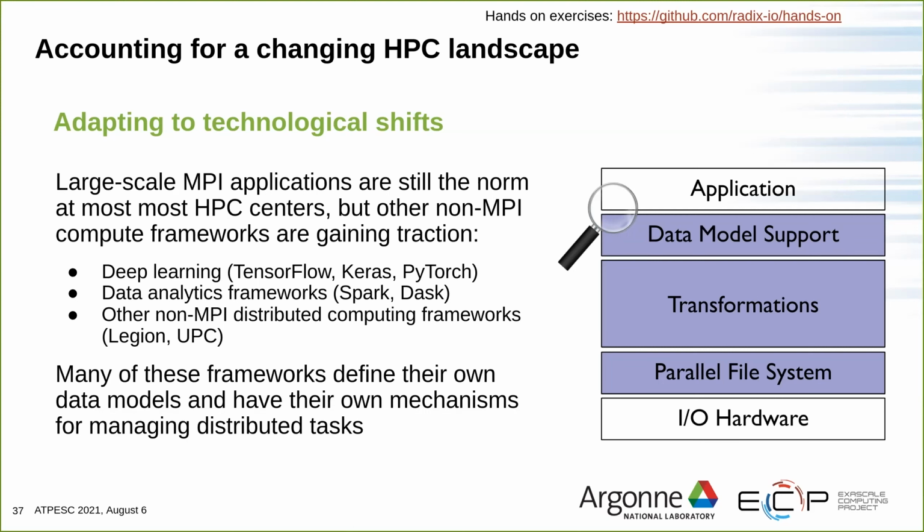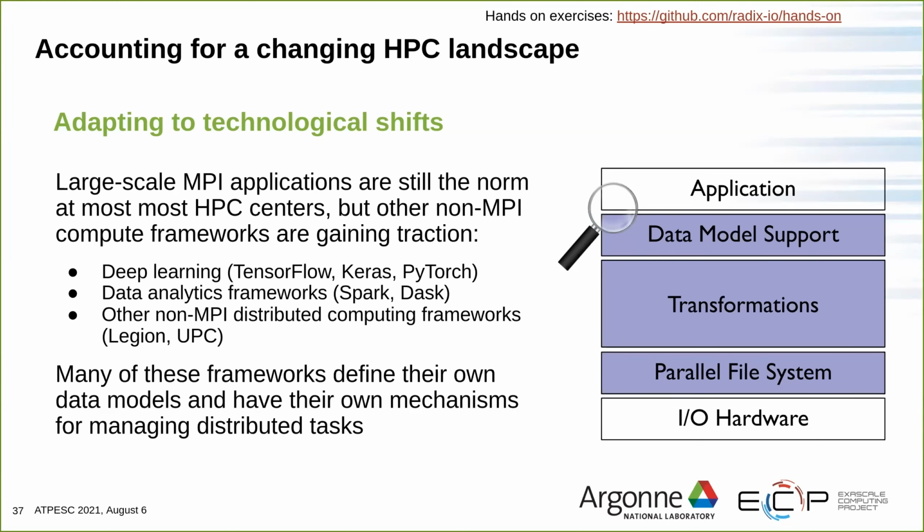It's obviously not using MPI, but we've observed that there tends to be a lot of files accessed in these types of workloads, which is challenging for Darshan, coming from the traditional MPI applications that don't necessarily access as many. There's also other data analytics frameworks that folks are interested in using, like Spark and Dask. And there's also other non-MPI distributed computing frameworks that folks use, like Legion and UPC.